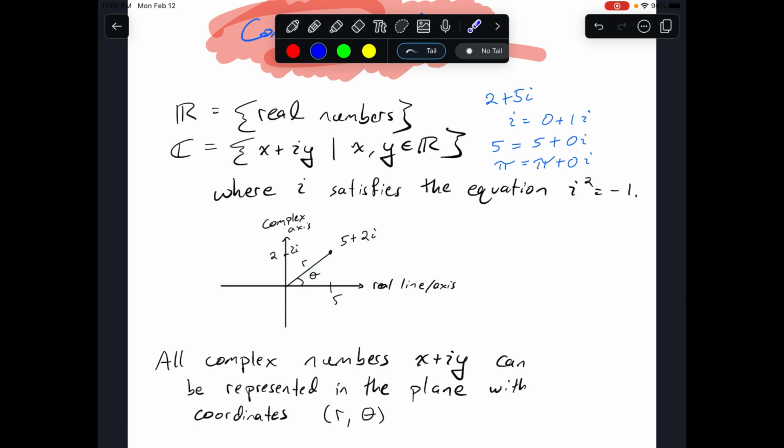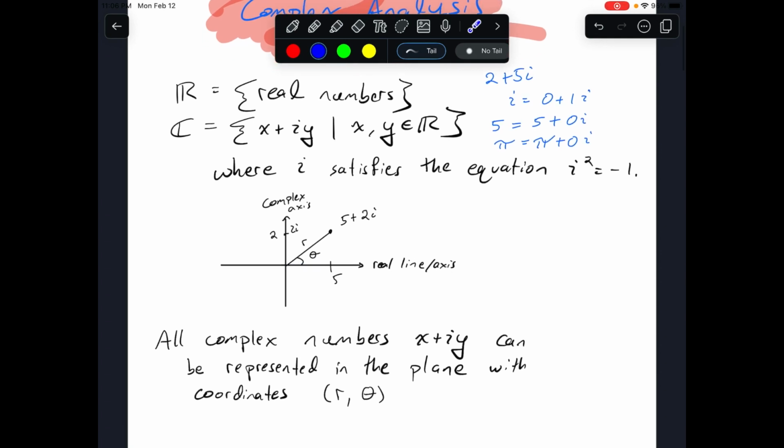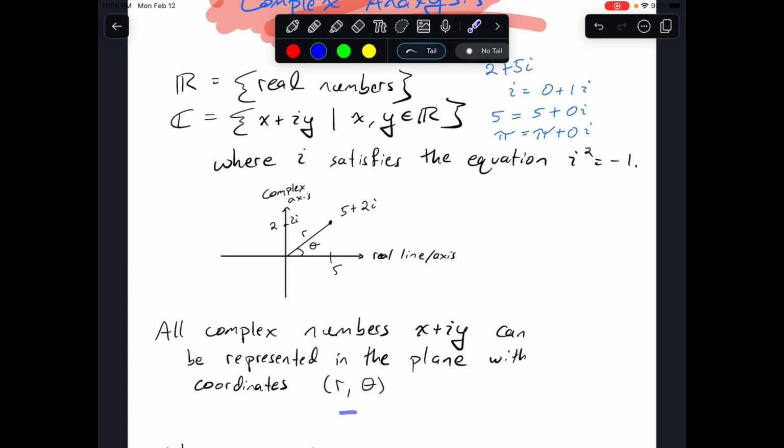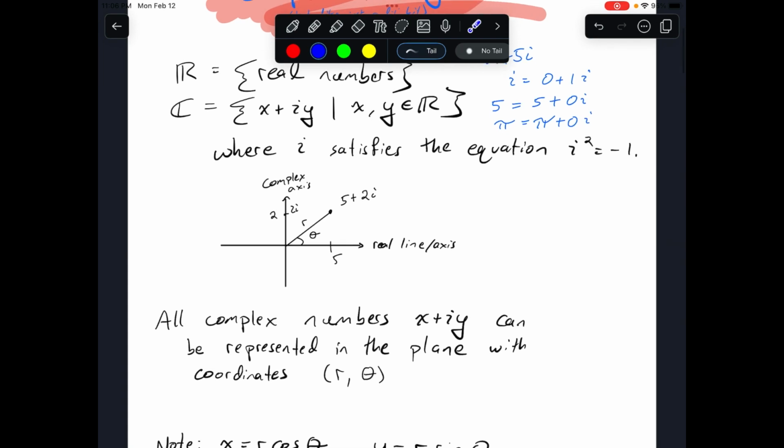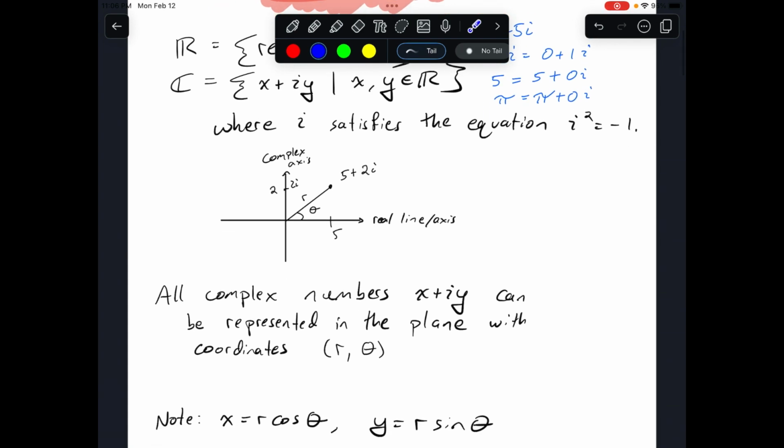Note that any two angles that differ by 2 pi represent equivalent angles, right? Like 0, 2 pi, 4 pi, they all represent the same angle. So just keep that in mind when you're defining things or looking at these numbers. You can use them interchangeably.